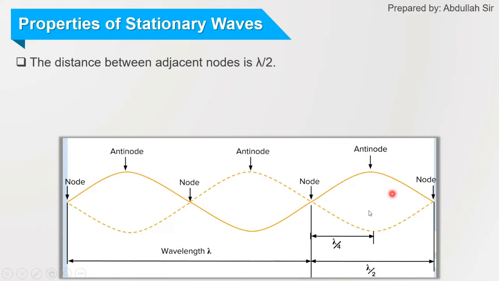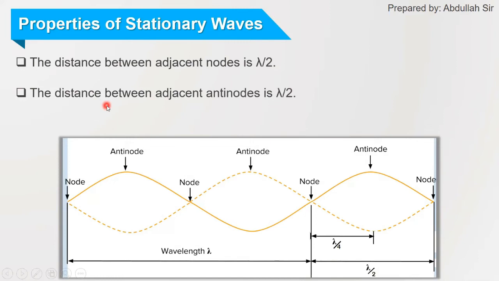If there is one loop, the distance is half lambda, or lambda by 2. Similarly, the distance between two adjacent antinodes is lambda by 2. Now, what are two successive antinodes? This is the first antinode, this is the second antinode, and the distance between these two antinodes is also lambda by 2.